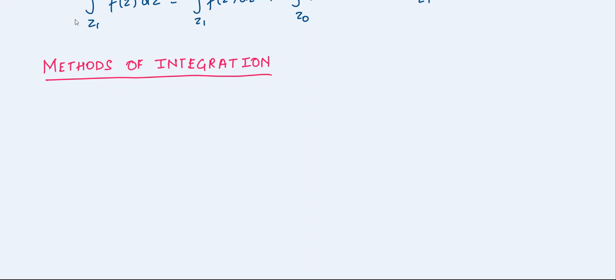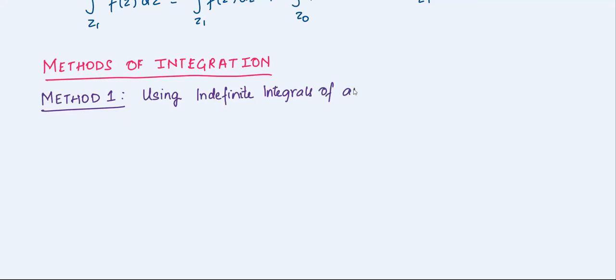So the first method is using indefinite integrals of analytic functions.